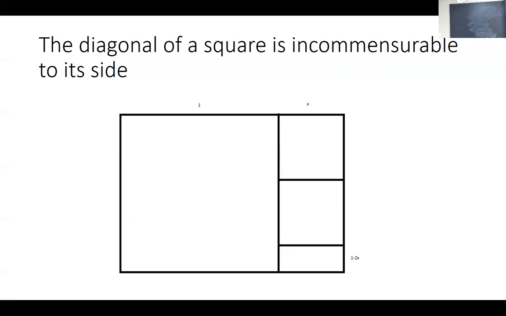And this rectangle here is similar to this rectangle here. And how can I prove that? So this rectangle here, short side to long side is x over 1. This one here, short side to long side is (1 minus 2x) over x. So we get x squared equals 1 minus 2x. x squared plus 2x minus 1 equals 0.